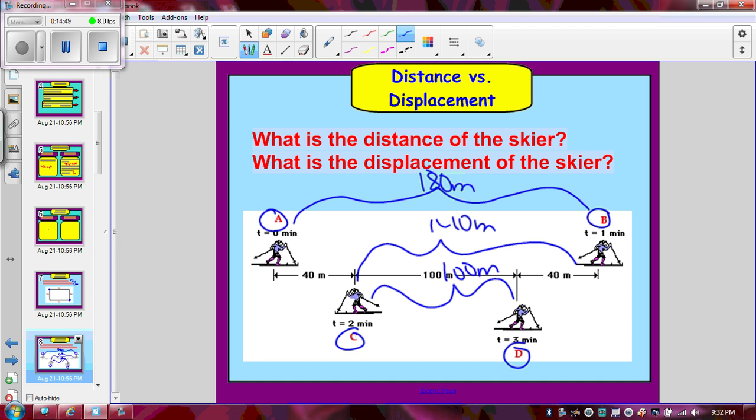So if you add all of that up, the total distance or amount of ground covered by the skier ends up being 420 meters.